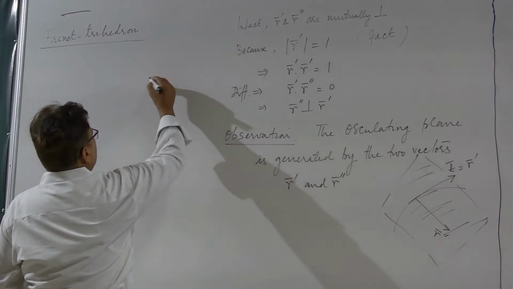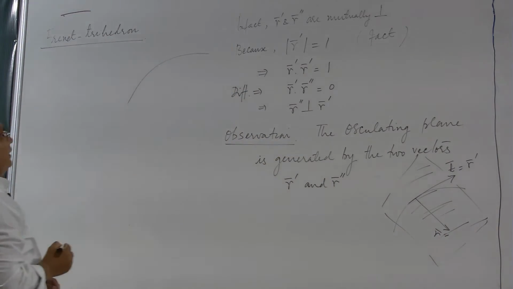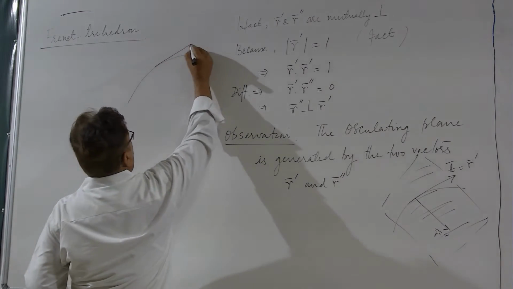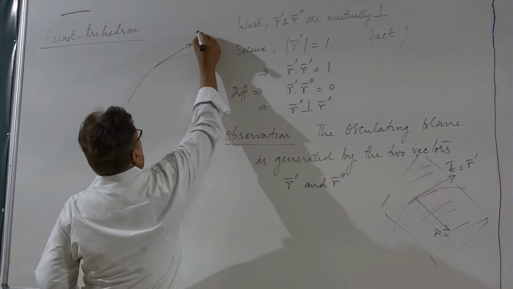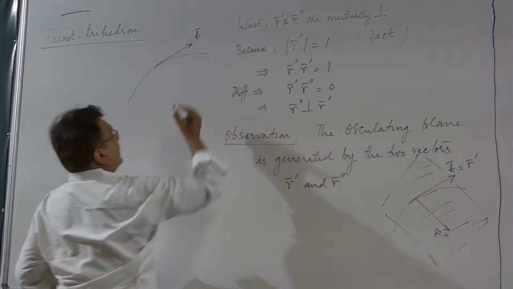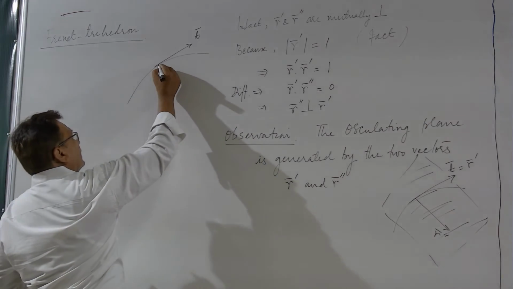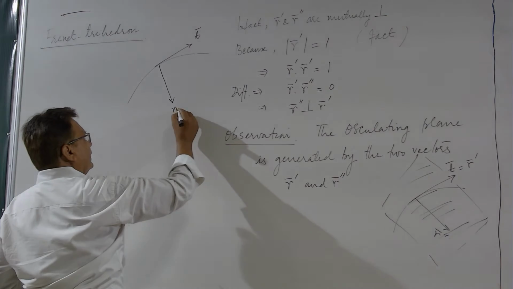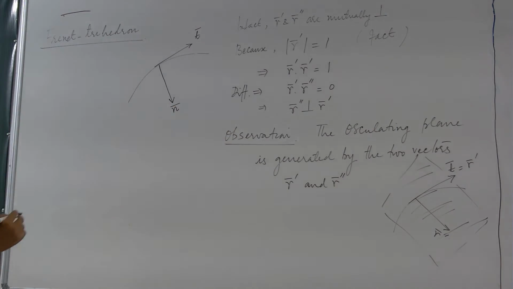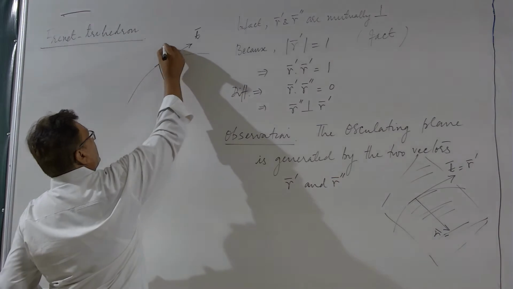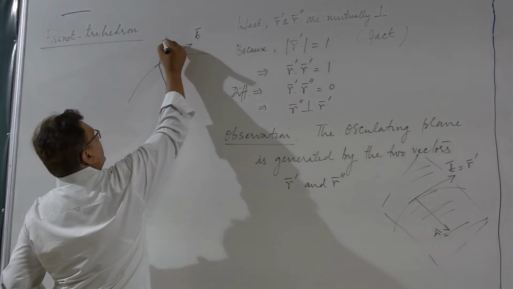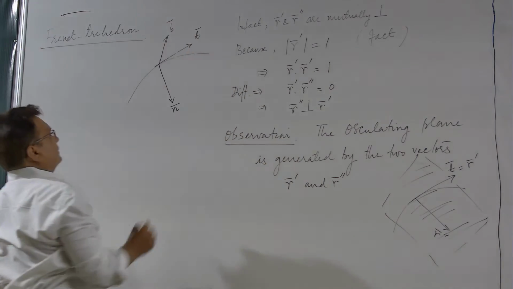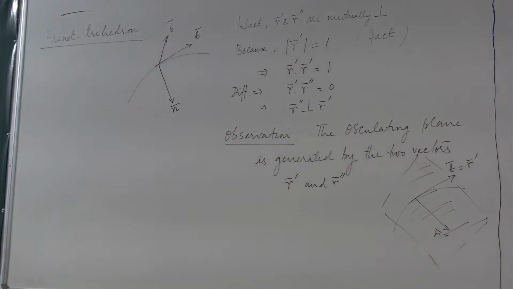So, what happens is that if you have a space curve, then you associate to it a set of three mutually perpendicular vectors. We will be denoting them by the unit tangent t. There is another unit vector, I will be calling it n, and there will be a third vector which is perpendicular to t and n both, I will be calling it b.